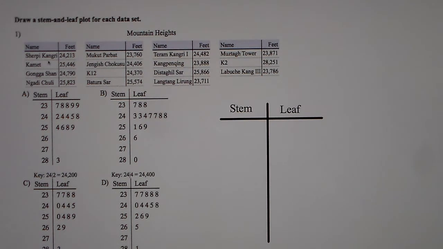So if we're looking at this, Kangri mountain is 24,213. We could just say 24,000 be the stem, 25,000 be a stem, 23,000 be a stem. We could just use the 10,000ths to be all the stems.